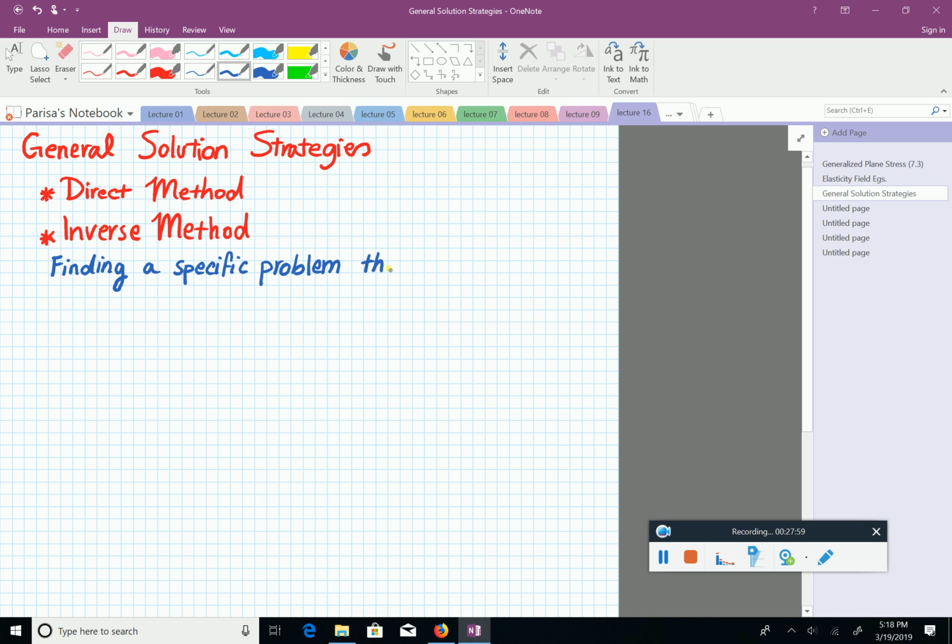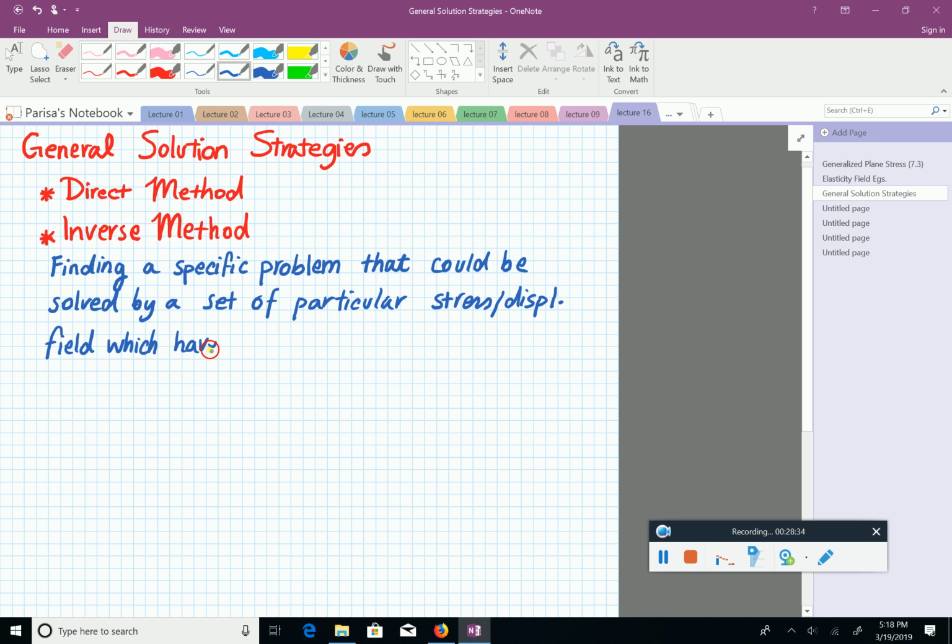That could be solved by a set of particular stress or displacement fields which have been found to satisfy the equilibrium equations.